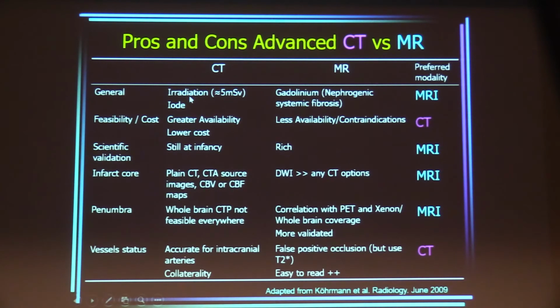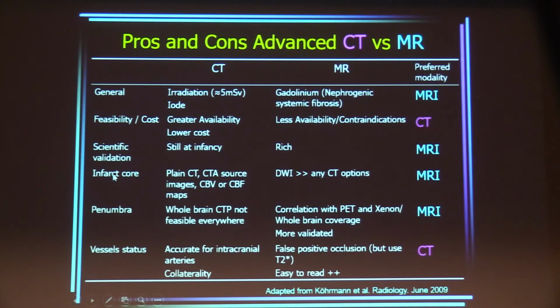First, for radiation, you have the problem of radiation and iodine contrast on CT, and on MR you have gadolinium, so that probably favors the use of MR. The feasibility and the cost, of course, favor CT, there is no discussion about that. The scientific validation on CT, maybe I should change my slide slightly, is still at infancy. It's moving quickly, but we still have more scientific validation with MR.